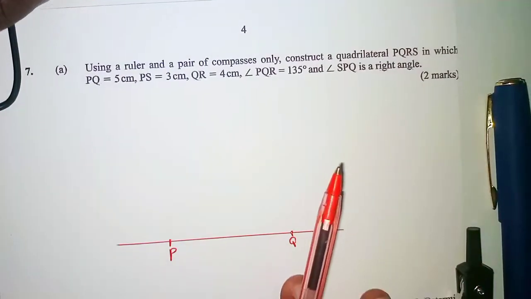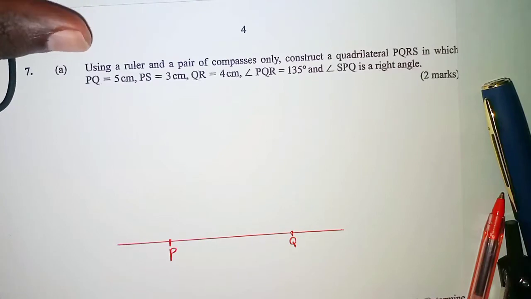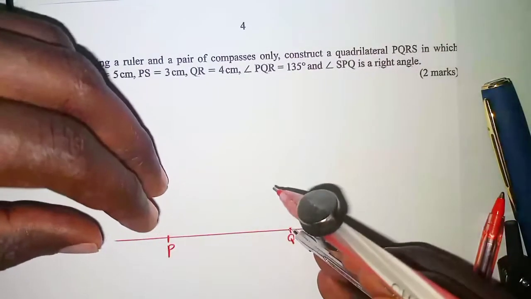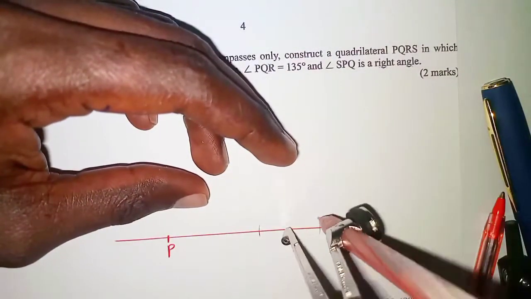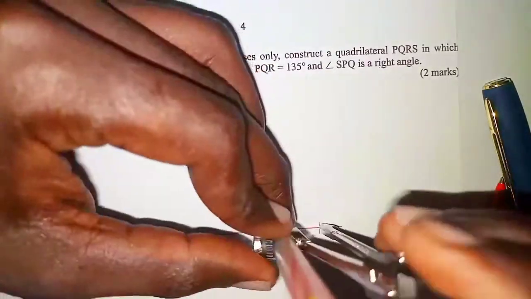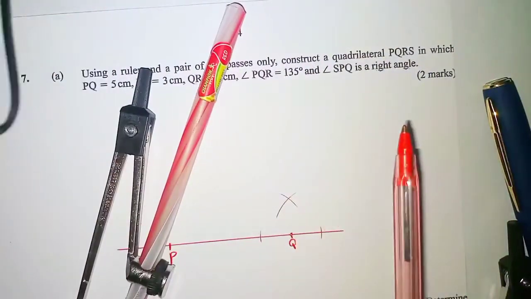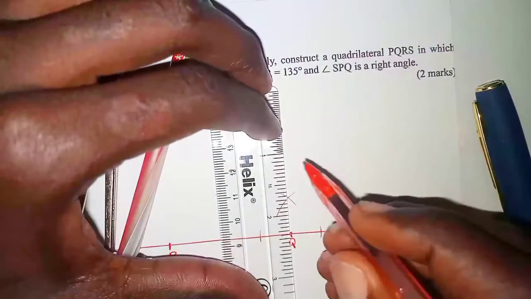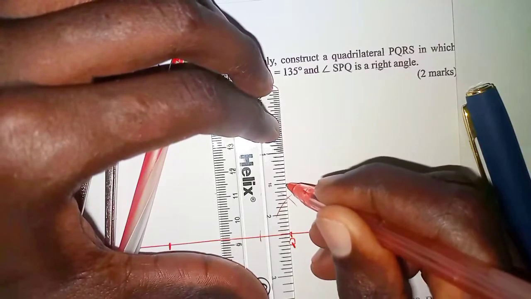So that means we will construct 90 and then add 45 to it. So at Q, let's begin by getting 90. I'm not going to draw a solid line here. I'll have it broken because it's not the line we're looking for yet.